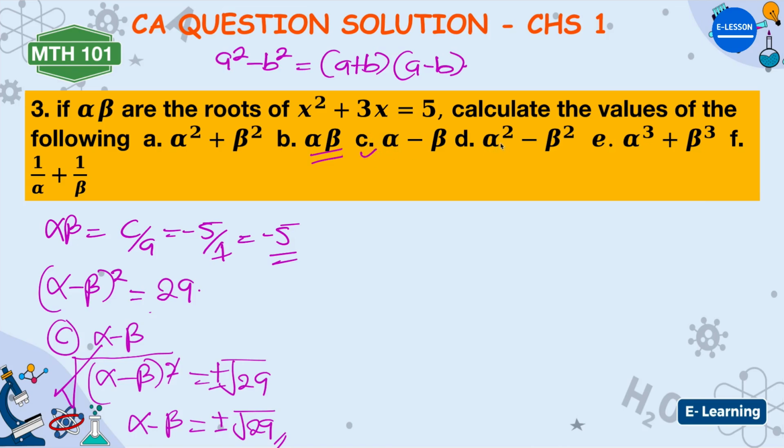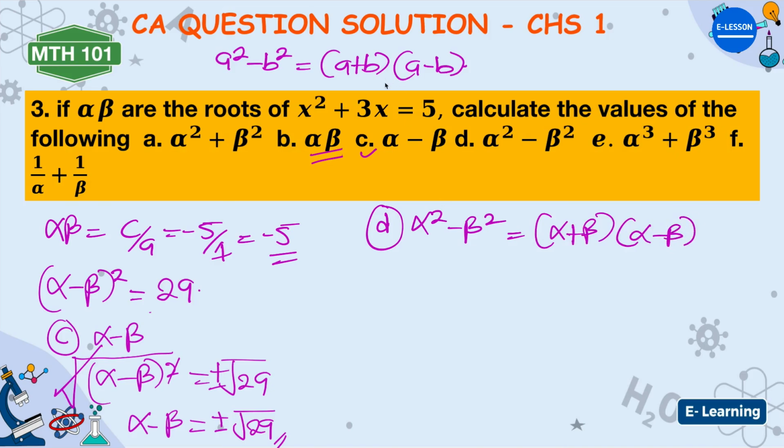Then the next one is alpha square minus beta square, number D. Like I said, it is the difference of two squares, which equals alpha plus beta bracket alpha minus beta. That is the general idea in mathematics: the square of one thing minus the square of another is the addition of both multiplied by the subtraction of both. A square minus b square is a plus b bracket a minus b.